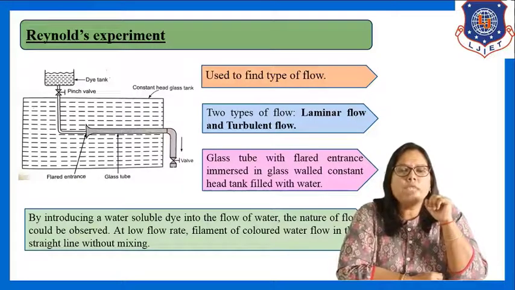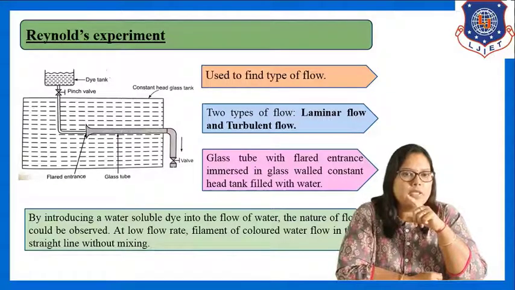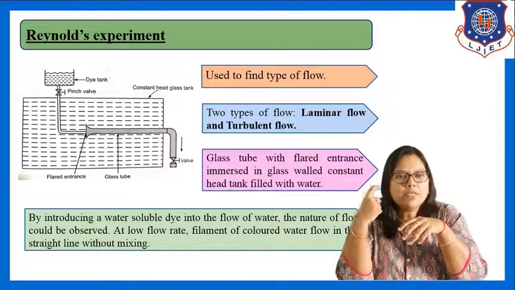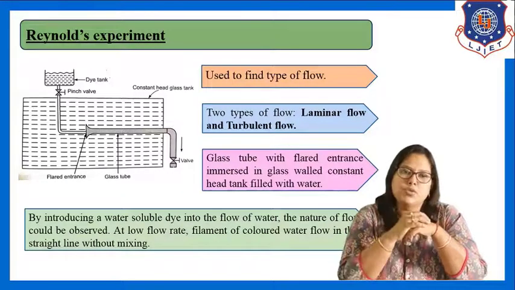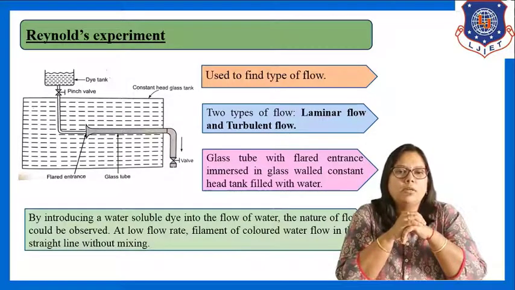By introducing a water soluble dye into the flow of water, with the help of the pinch valve, we can introduce the dye water which is mixed with the water in the glass tube. So the nature of the flow can be observed.